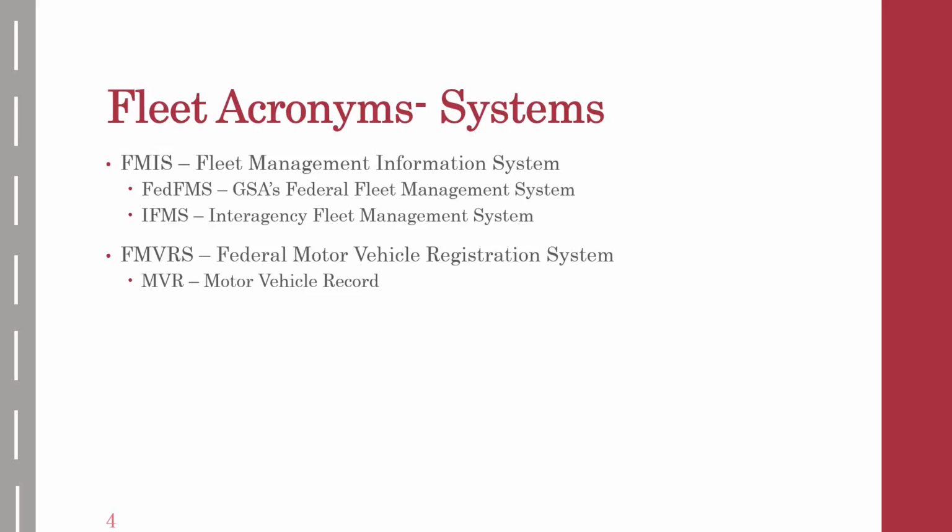And then moving on, we have FMVRS, which is the Federal Motor Vehicle Registration System, which is the data warehouse for all the motor vehicle records, or MVRs, for the federal government, and that can be accessed by law enforcement agencies around the country when they have to run a plate for a federal vehicle to find out who the owner is.